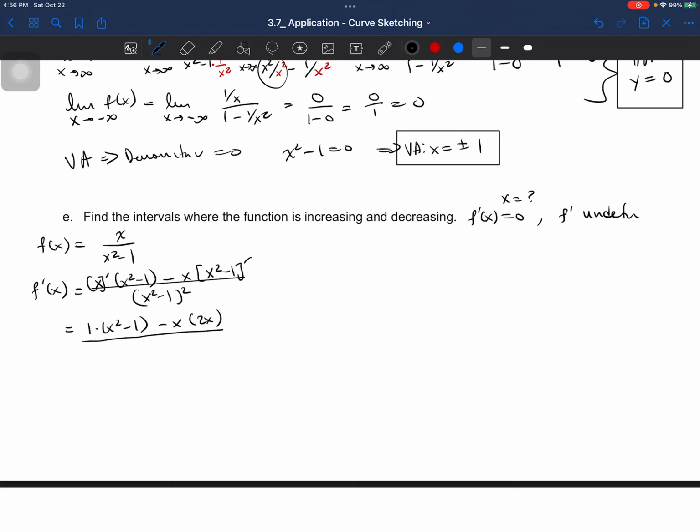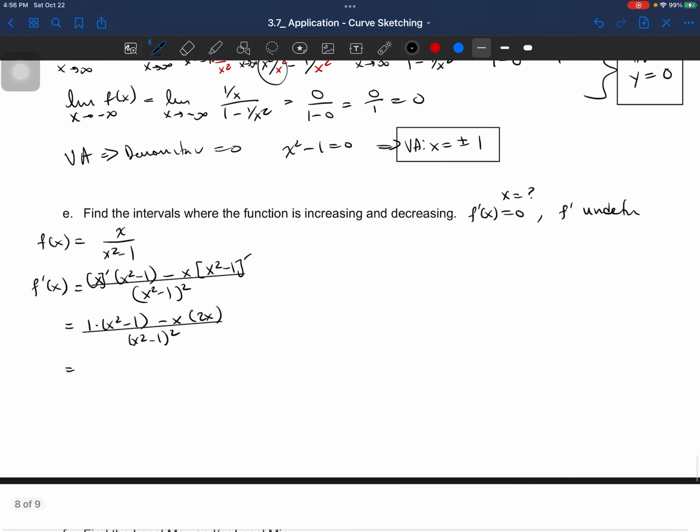There you go, right? And then we'll take the derivative of x, which is 1, times x squared minus 1, minus x times the derivative of x squared minus 1, which is 2x, all over x squared minus 1, squared. We're not going to touch the denominator. We're just going to leave it as it is.